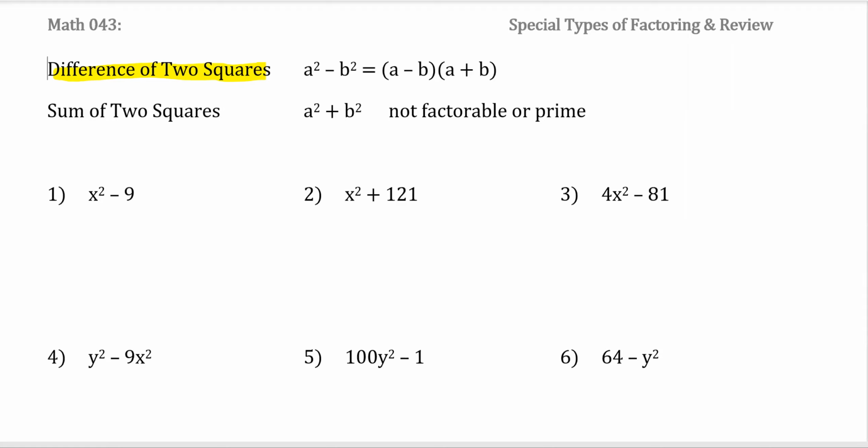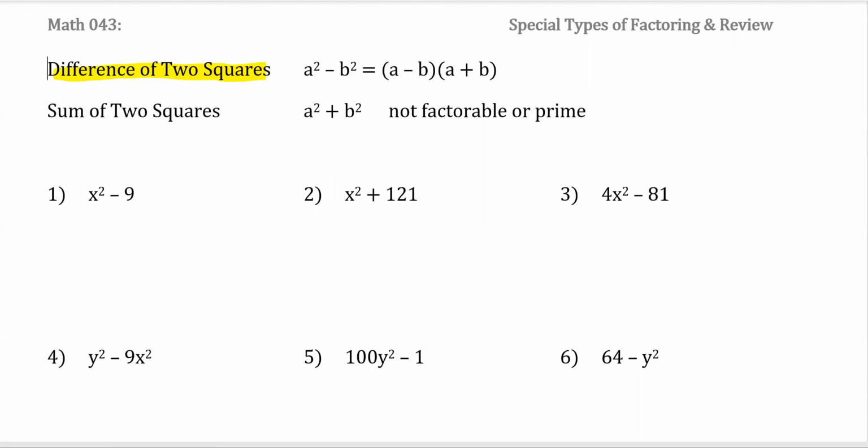If that is the pattern that you have, then the expression will factor into a minus b and a plus b. Note that the sum of two squares is prime. It will not factor. And if you don't believe me, you can try it, and if you multiply it back together, you will not get the original problem.